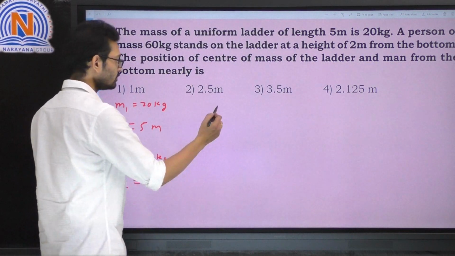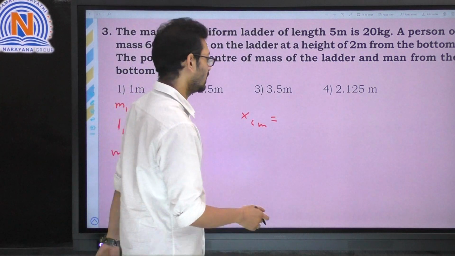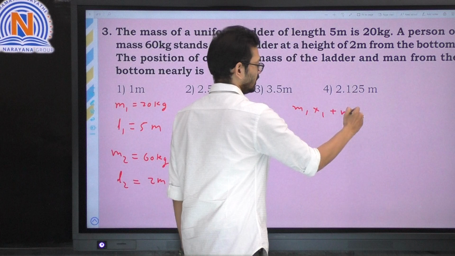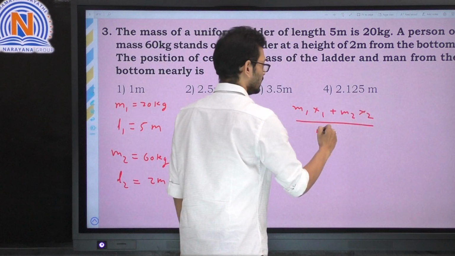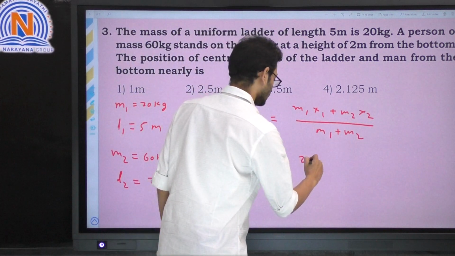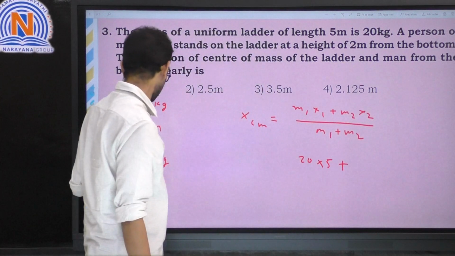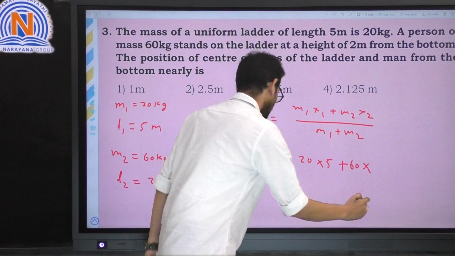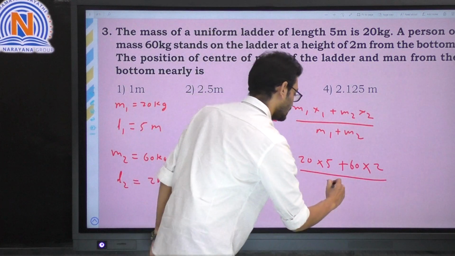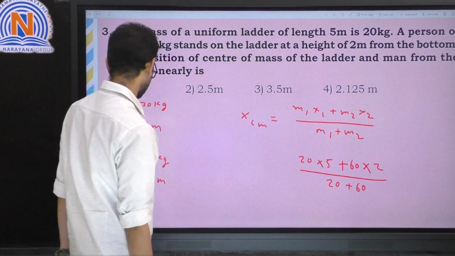If you want to find x center of mass, you can consider it as a horizontal line, so you take m1 x1 plus m2 x2 by m1 plus m2. m1 is 20, x1 is 5, plus 60 into L2 which is 2, divided by 20 plus 60.